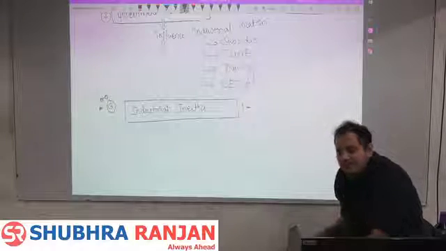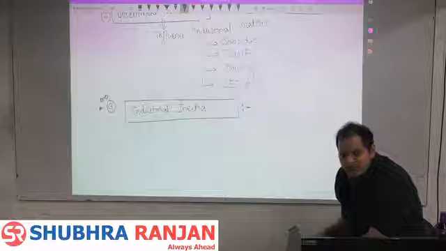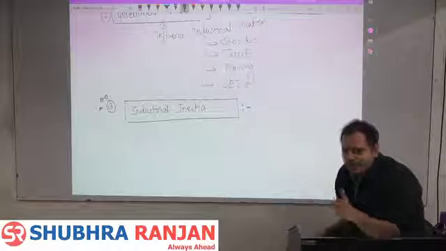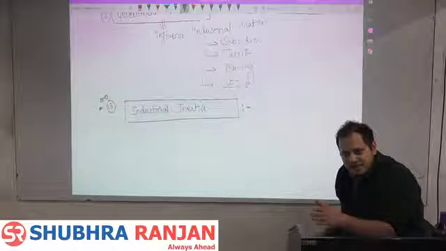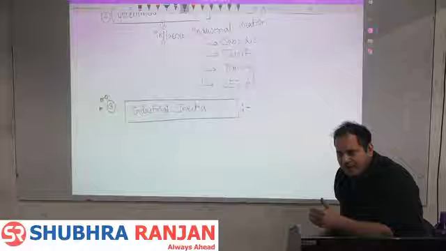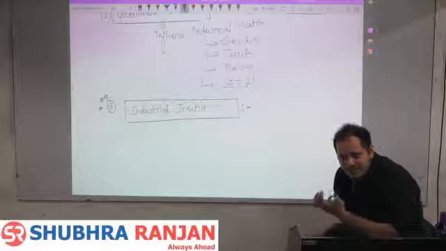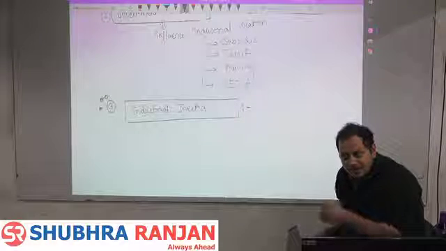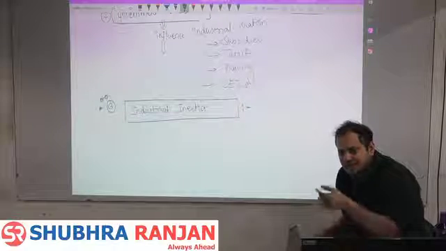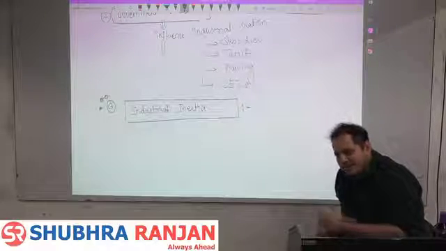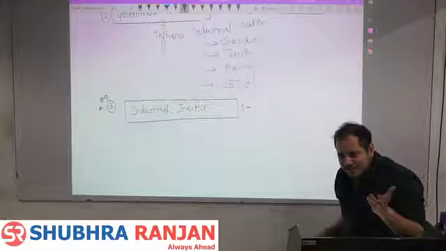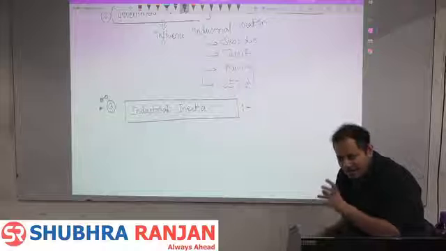For example, if tomorrow Maruti Suzuki closes, it is not that Gurgaon will not have any industry; someone will come and take its place. If the entire software sector collapses in India, it is not that Gurgaon, Bangalore and Pune will not be industrialized; some other industry will take its place. The reason is that infrastructure is already available. For example, if this class collapses, somebody new will come and hire this building because they get all the infrastructure here. That is what is known as industrial inertia.